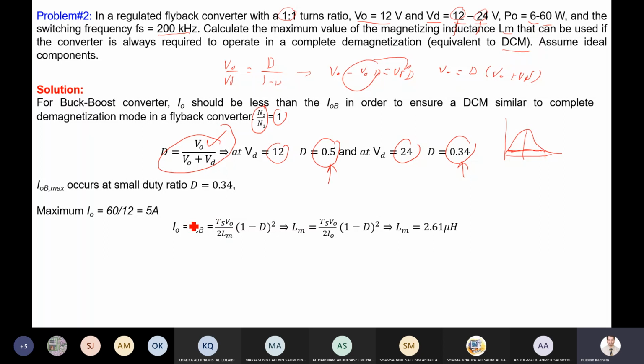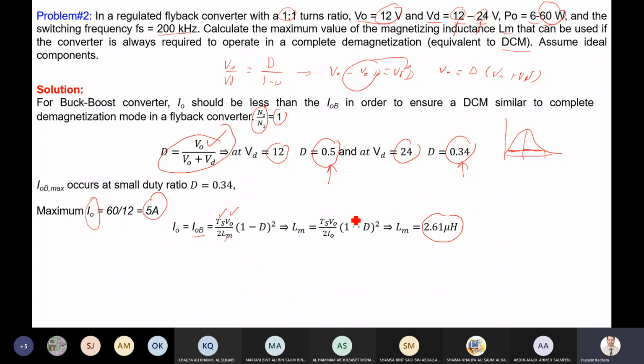Now I find the output current, and don't forget that maximum current comes from maximum power, 60 over the 12 volt output, which gives me 5 amp. The I_O boundary formula is available in the DC-DC converter buck-boost: TS VO over 2LM times (1 minus D) squared. I have everything, I substituted, and I found the inductance.